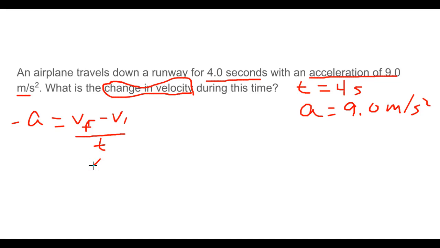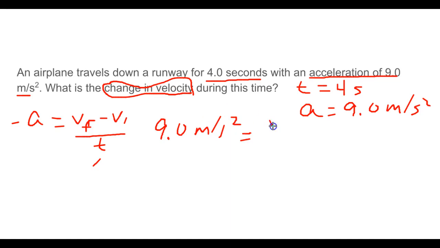And so then I'm looking for this top part over here. So my acceleration, if I plug in, I've got my 9 meters per second squared equals, and this is going to be my unknown.